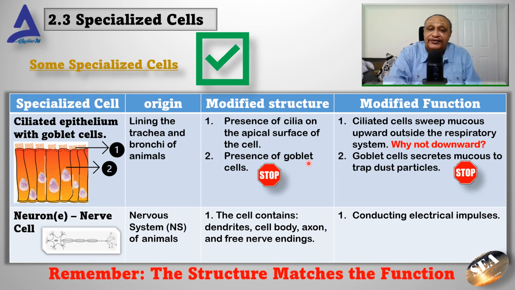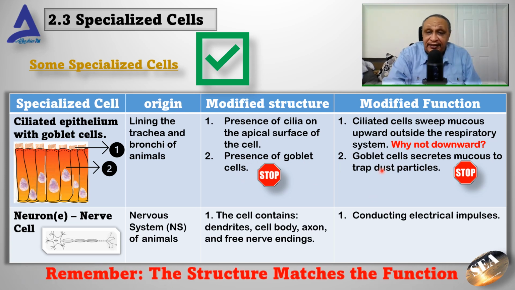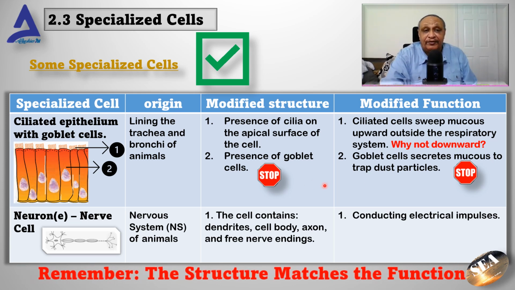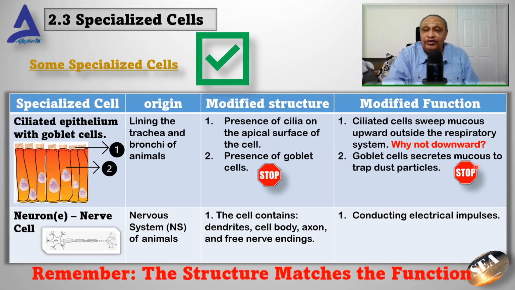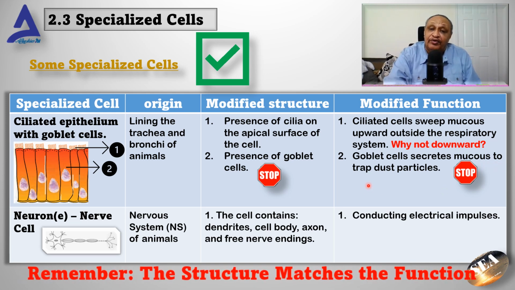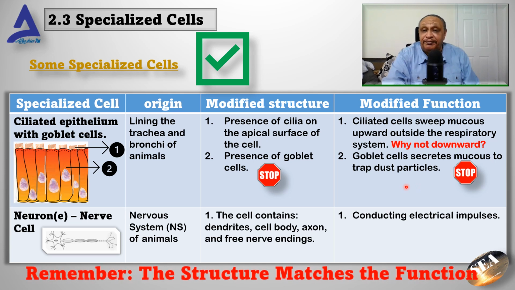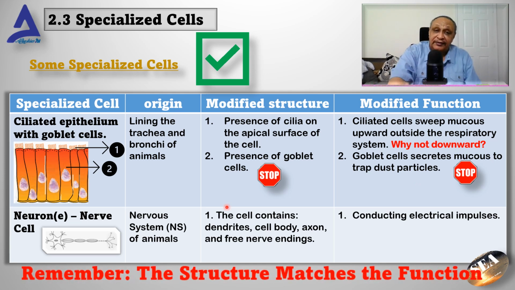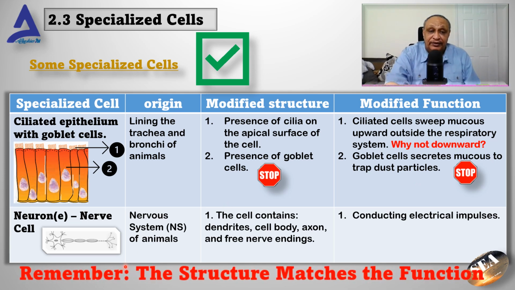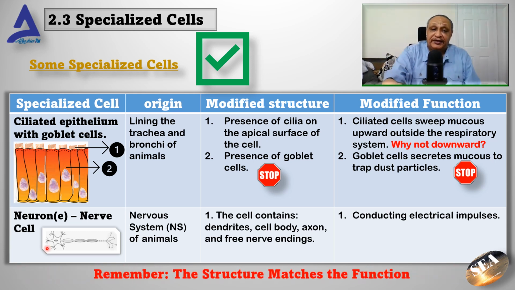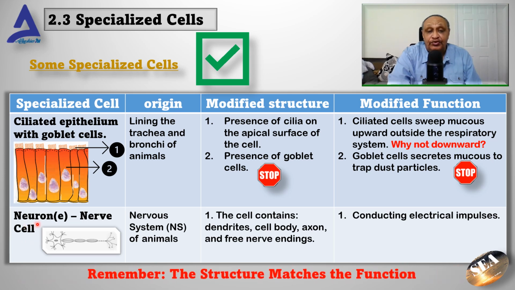Then the goblet cells, which are present here, are important and are also a modified type of cell, a specialized cell that secretes mucus, and the mucus is very important to trap dust particles that get into your respiratory system.